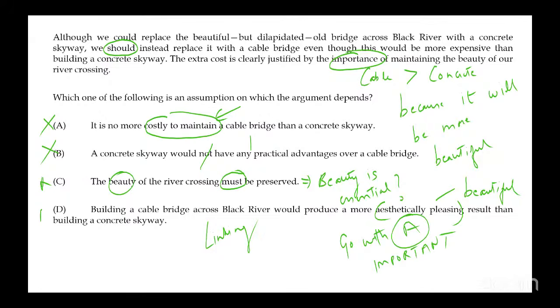Just look at the premise. The extra cost is justified by the importance of maintaining the beauty. Therefore, we should replace it with a cable bridge. Never has the author said a cable bridge will come out more beautiful or will look more beautiful. The author has not said it. We made that connection in our head.